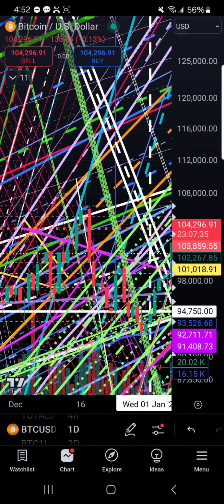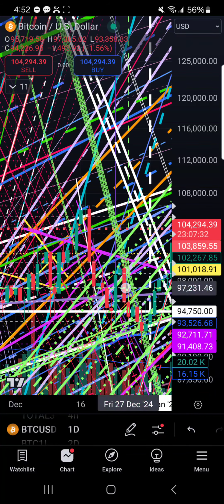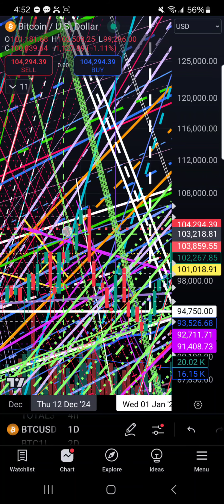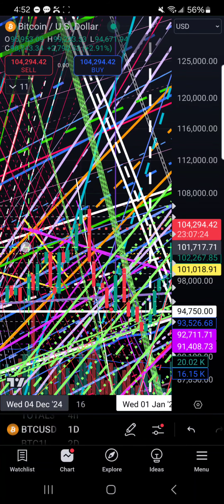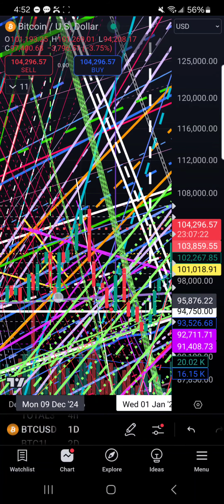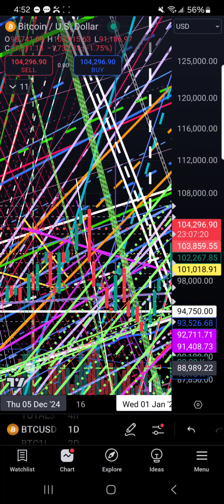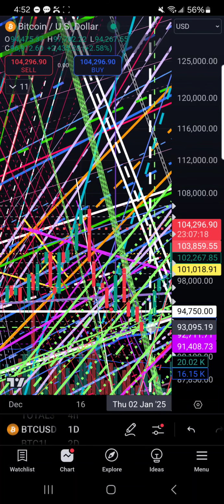I'll pause. Okay, so now we're on a daily time frame, and we're back here at December 17th when we did break above the white parallel channel. This is the top of the channel. Here's the center line, and here is the bottom of the channel.